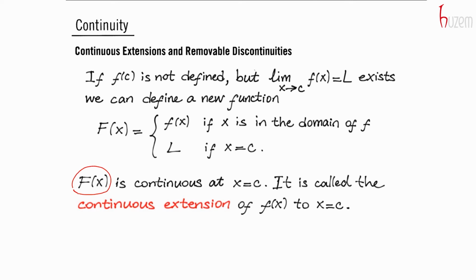So here is the situation. If the function f has a limit at c, but f(c) is not defined, then you can define a new function, capital F, by declaring that capital F at c is the limit L. So if you declare the value of capital F at c to be the limit of the previous function f, then you have a new function, capital F(x), that is continuous at c.